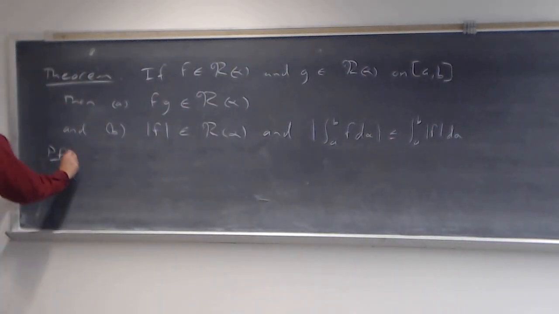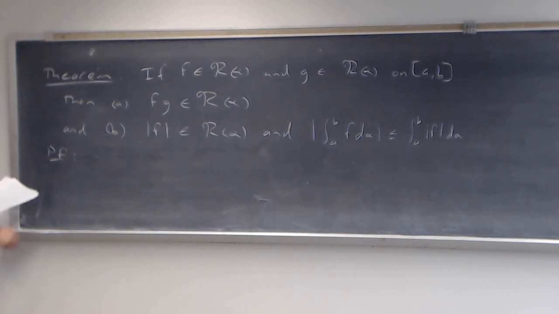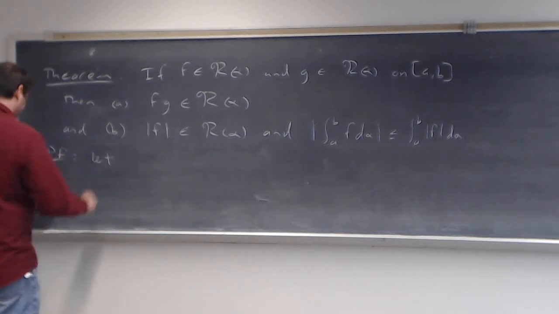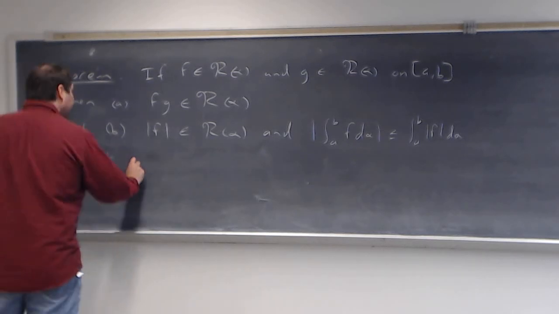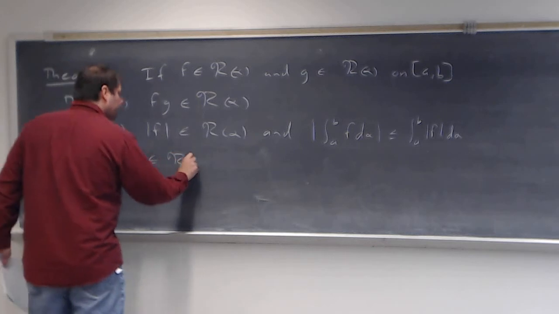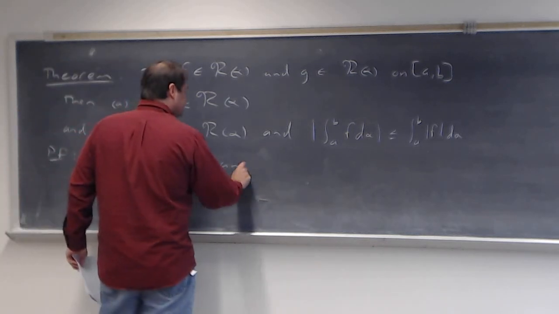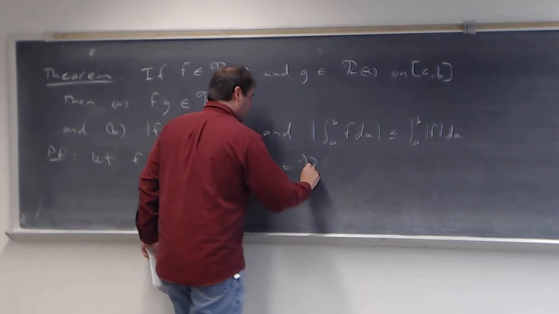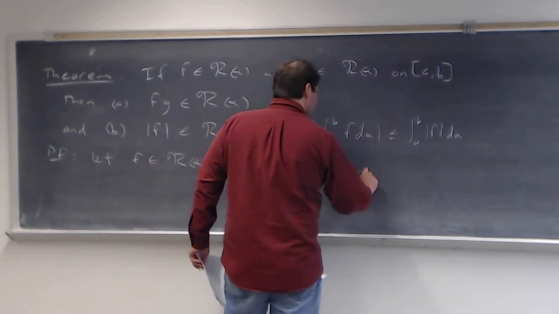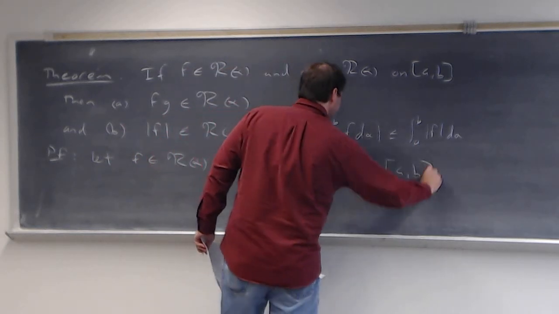Proof. We let f be Riemann-Stieltjes integrable and g be Riemann-Stieltjes integrable on a to b.